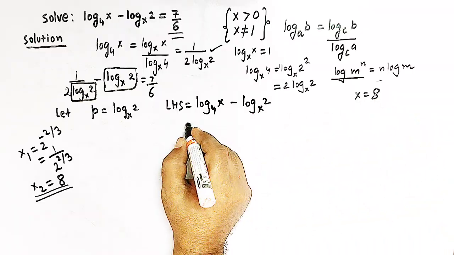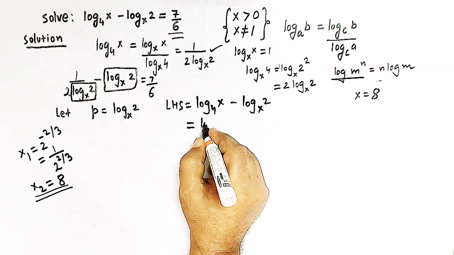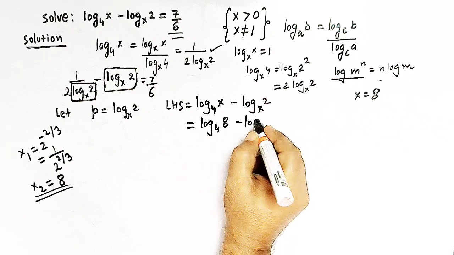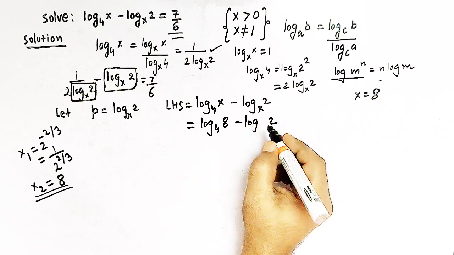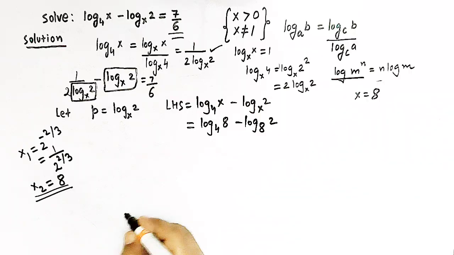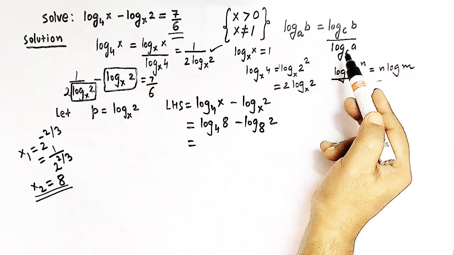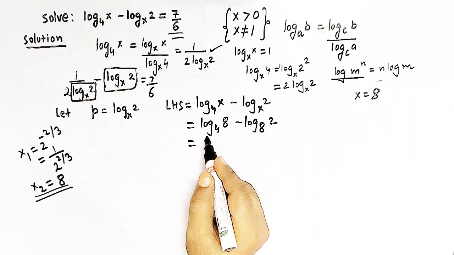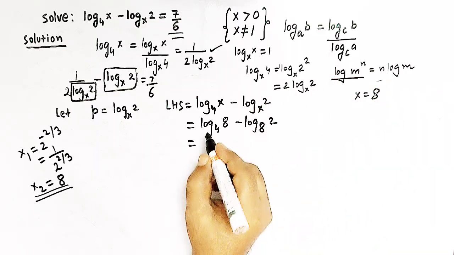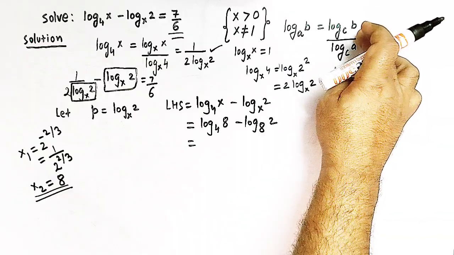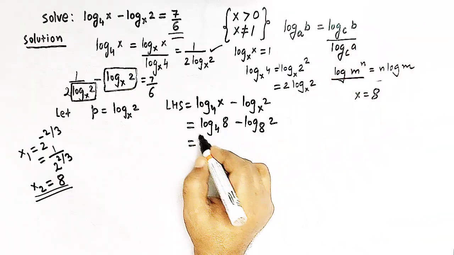So let us take x is equal to 8. So we have log 8 to the base 4 minus log 2 to the base 8, right? So now we can easily make use of the base changing formula over here and over here. So let us first make use of this base changing formula to this term.